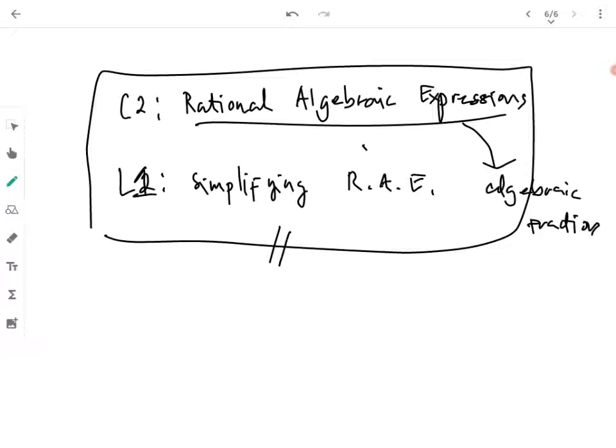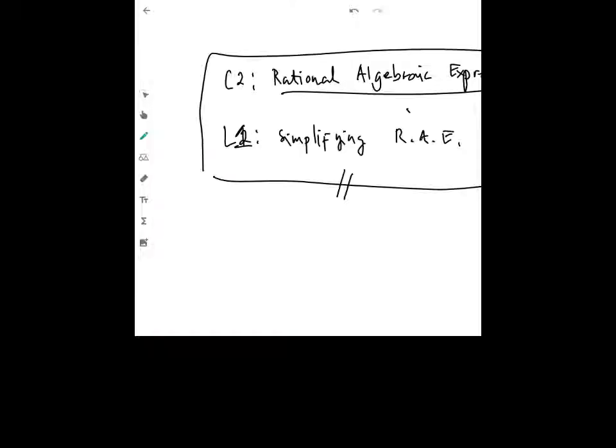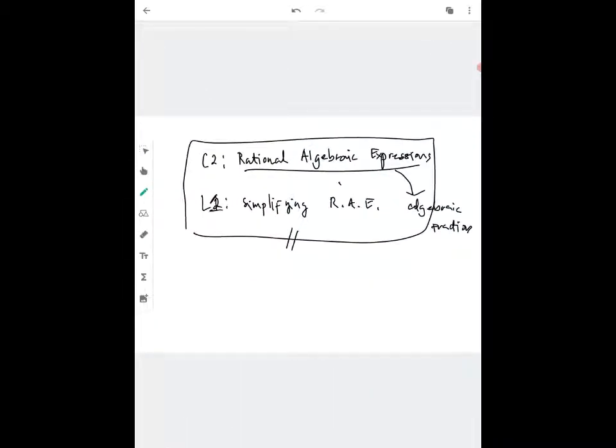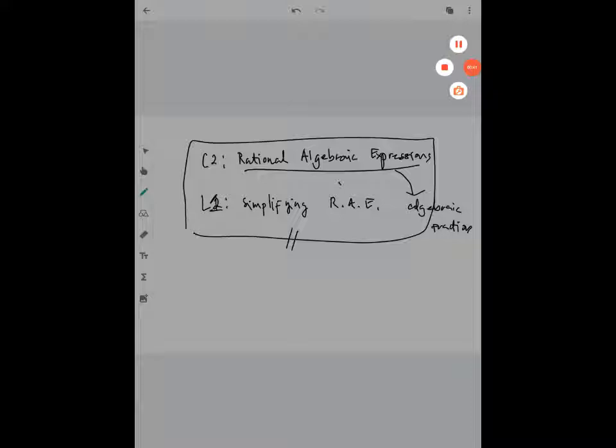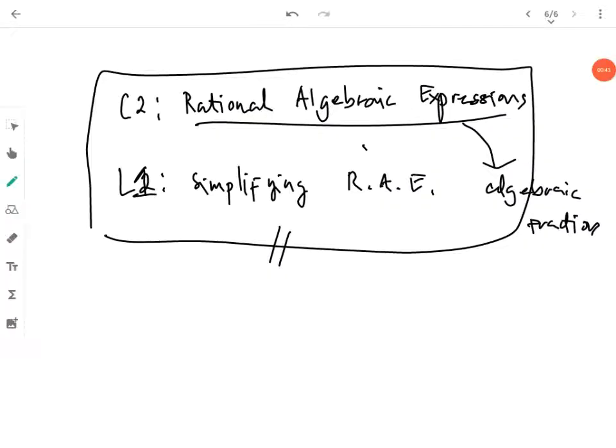So lesson 1, the first lesson in this chapter, is all about simplifying algebraic fractions, or simplifying rational algebraic expressions. Let's proceed with the first example.